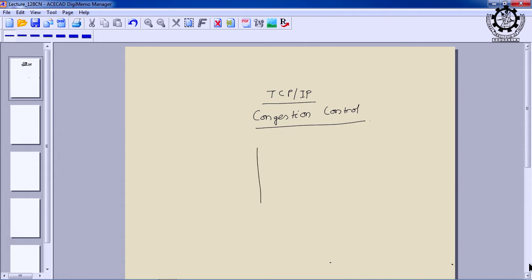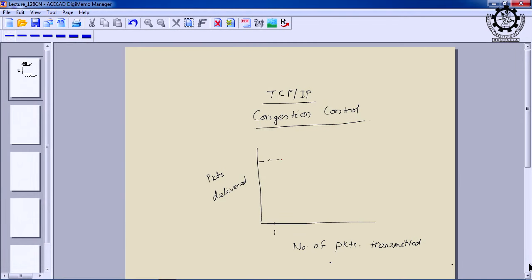Let us say a sender sends a packet, and that packet is delivered. The number of packets delivered versus the number of packets transmitted, let us say. And we will assume that the subnet or the channel or the network where the packet is delivered has a maximum carrying capacity.